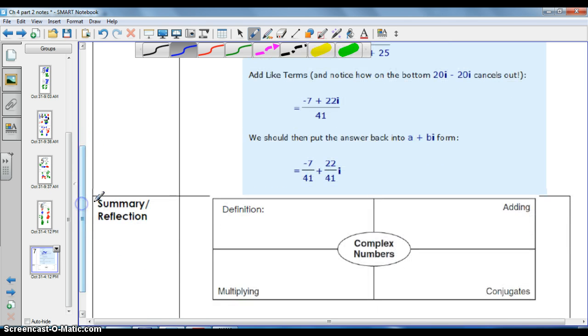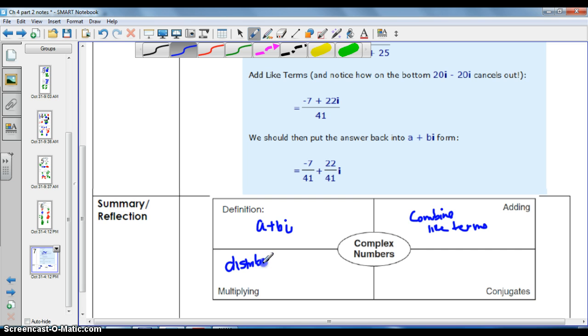So to summarize, definition is, remember, our real a plus bi, kind of for our complex number form. And then for adding, we just combine like terms. And then for multiplying, you either distribute or FOIL.